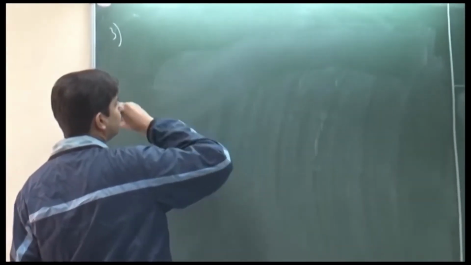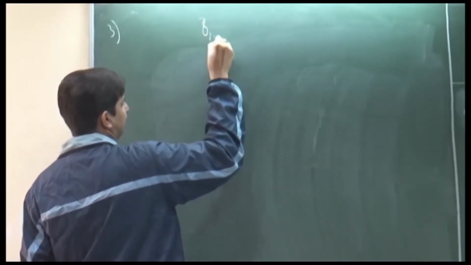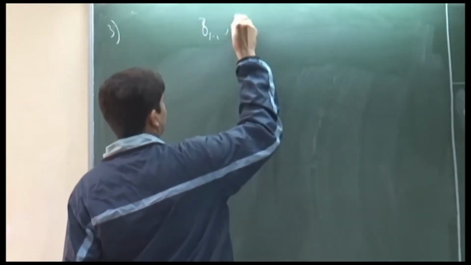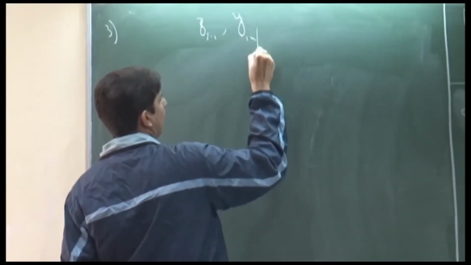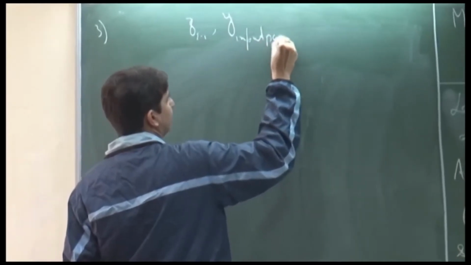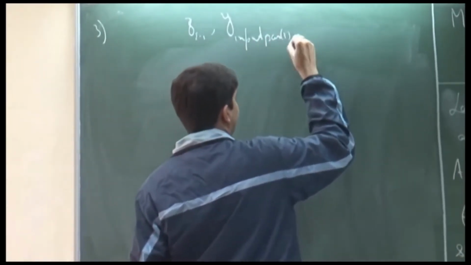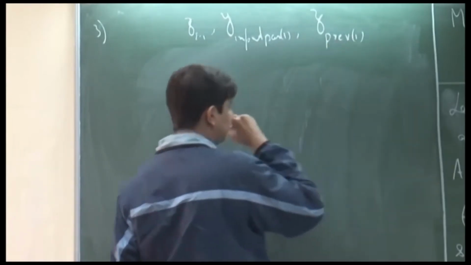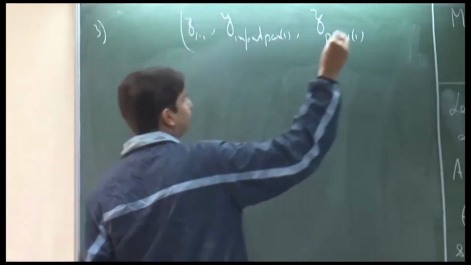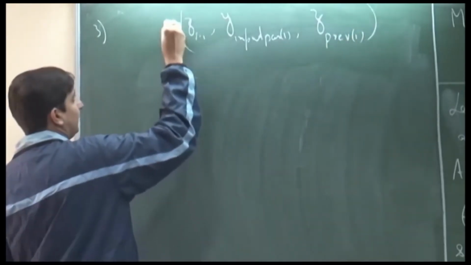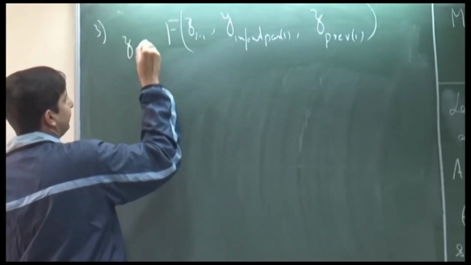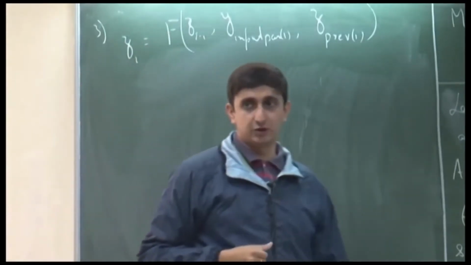Thirdly, what you need to check is that given snapshots Zi minus 1, the bit y of input position of i and Z previous of i, does the function f of this argument correctly give the ith snapshot or not.